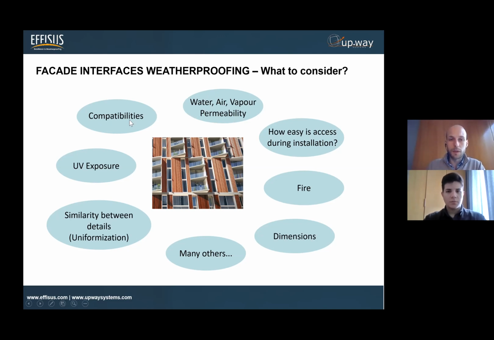But with different materials, you need to be sure about compatibility, because a poor adhesion to a specific substrate will cause the failure of the system. Then UV exposure, which will depend on the project. It could be only during the construction phase, but also some specific layers that remain exposed to UV during the lifetime of the building.